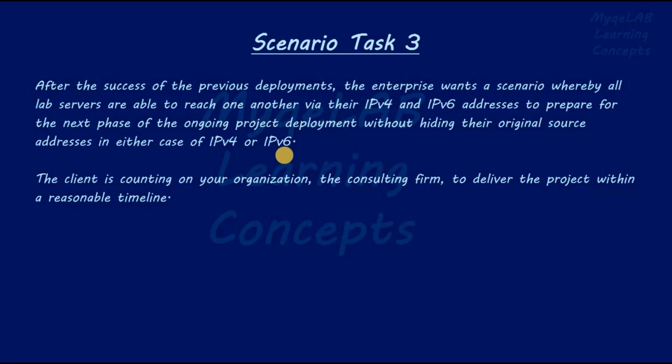At the same time, it wants them to establish connectivity together. That's the goal. And it wants this connectivity to be for IPv4 and IPv6, which is also the requirement here, stating that there is a need for these servers to be able to talk on IPv4 and IPv6 levels.